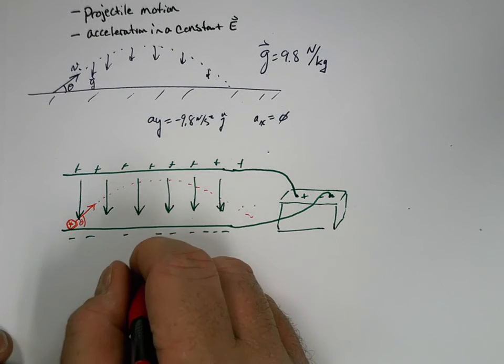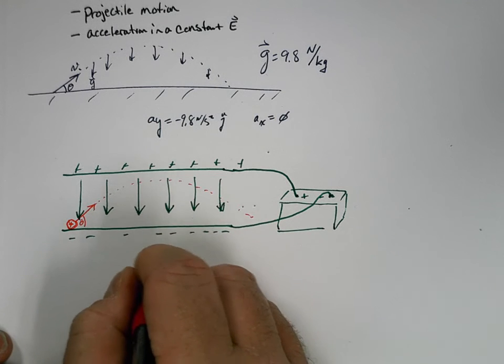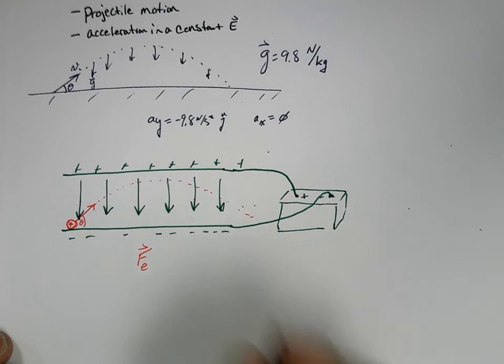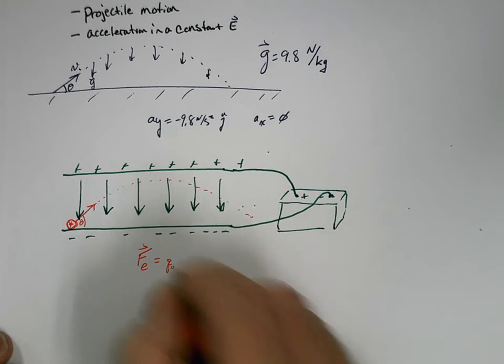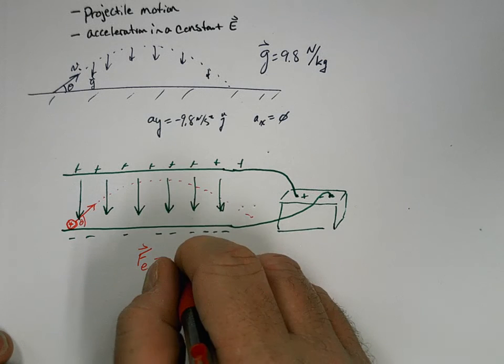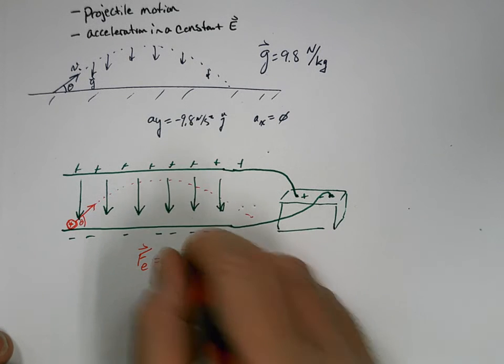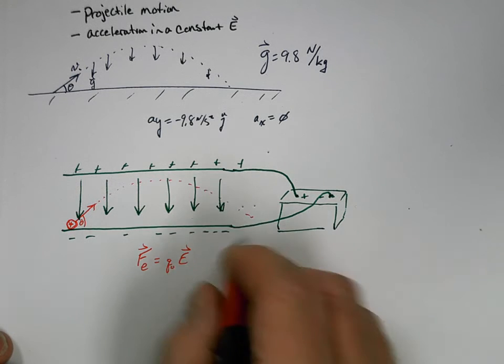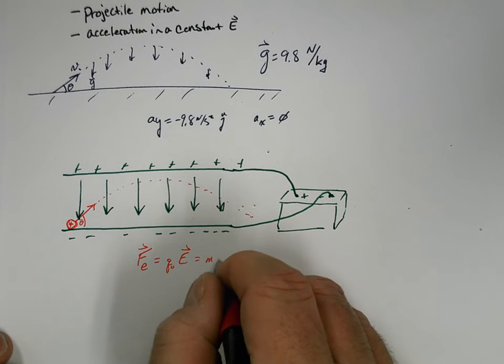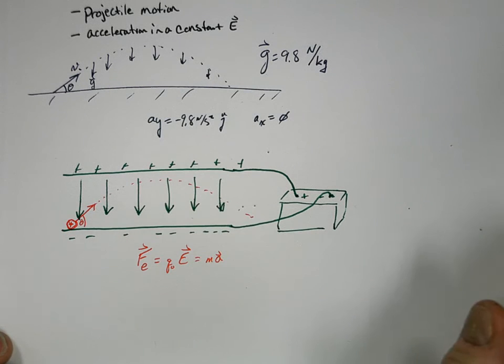So, what does it experience? Well, the electrical force it experiences equals the charge on the particle times the electric field. However, if this is the net force on the particle, it also equals the mass of the particle times its acceleration.